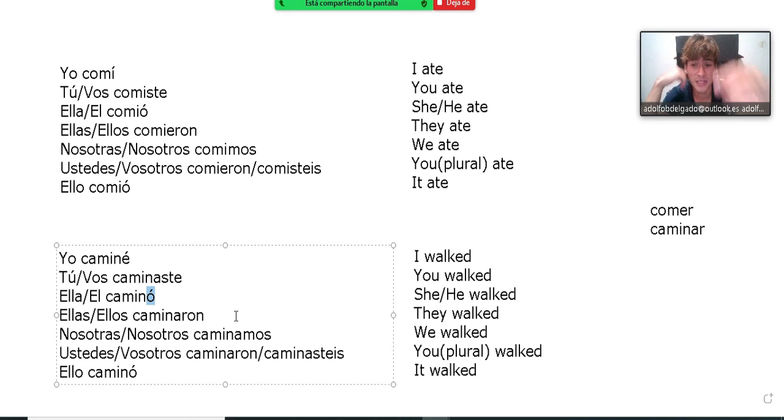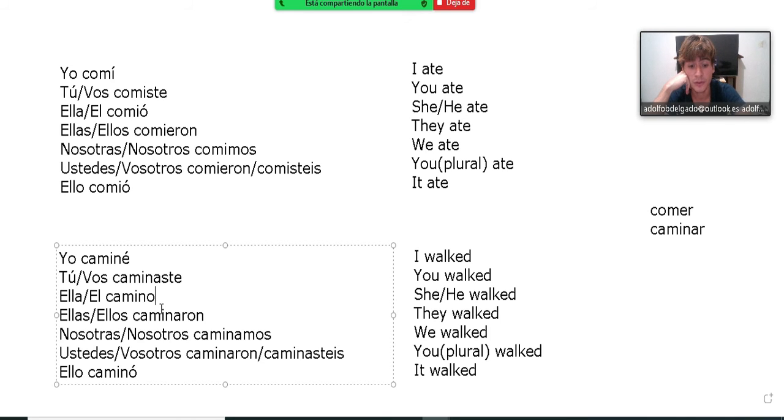For example, here it says caminó, caminó. But if there was no accent mark, it would be camino, camino. There is a difference. Caminó, camino.